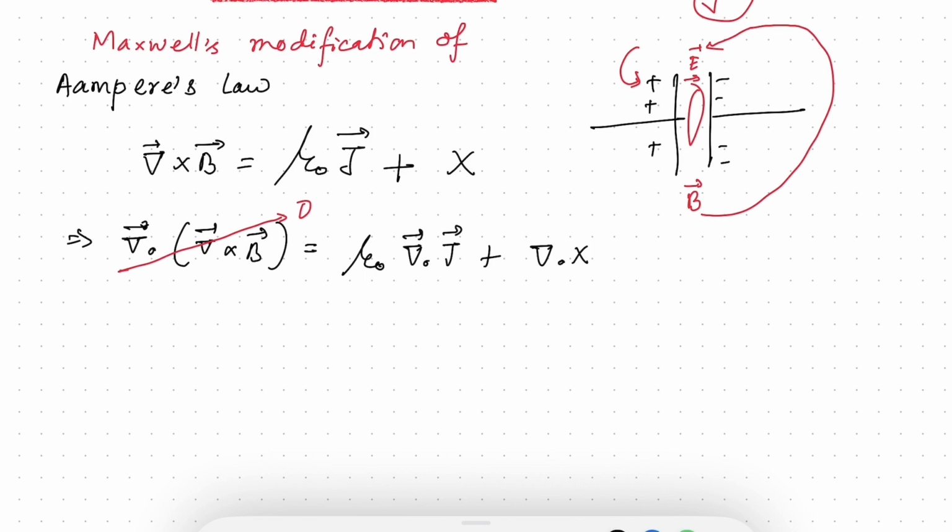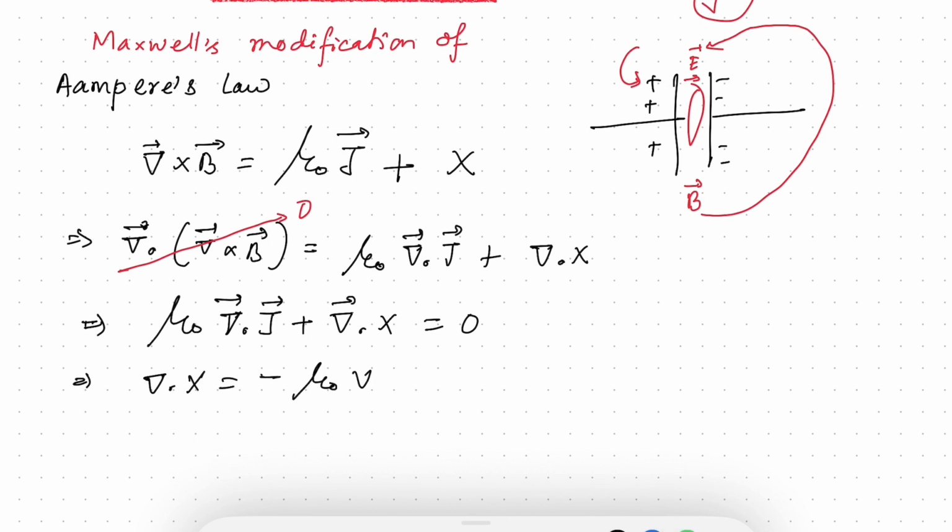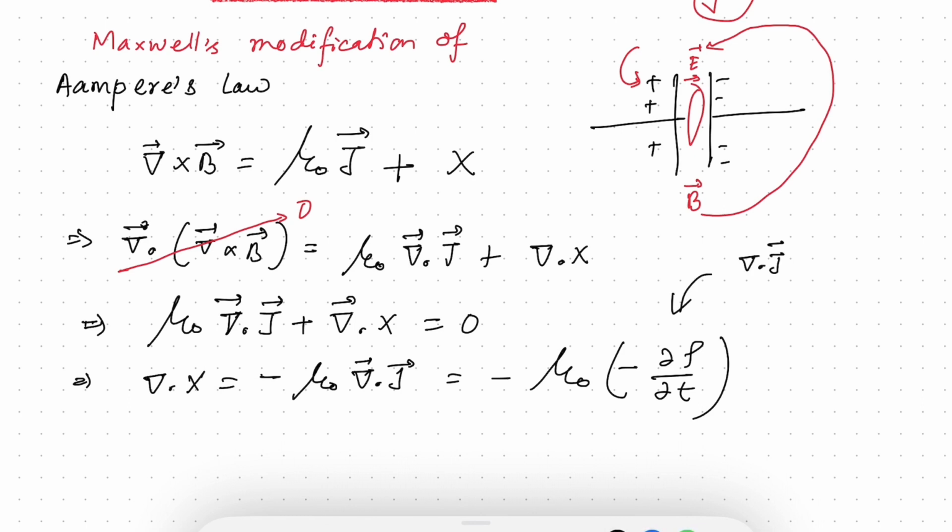That is why we will get mu naught del dot J plus del dot X is equal to 0, which implies del dot X is equal to minus mu naught del dot J. And del dot J, from the equation of continuity, is nothing but minus partial derivative of rho with respect to time t.